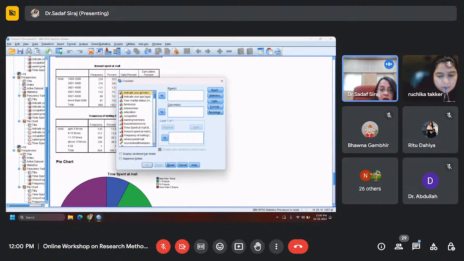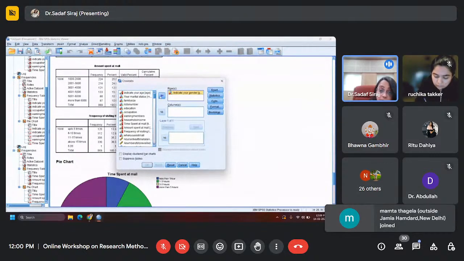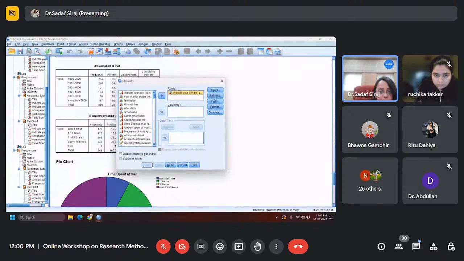So, as I said, I'm very much interested in understanding whether males and females are spending the same amount of time, frequency, and amount in the mall, or whether it is varying. So I'll put indicate your gender in rows, and within the columns, I'm going to put amount spending behavior or time spent at the mall.